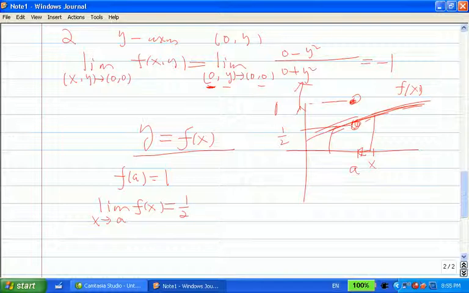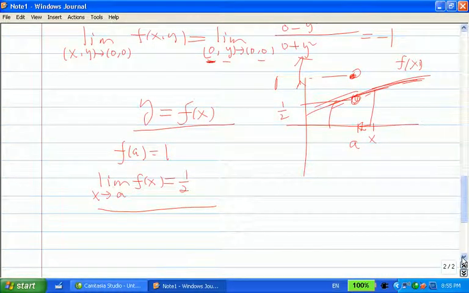The reason I give you this example is that the limit exists at a, which does not mean the function is continuous at a. Obviously it's not. So the function exists and the limit exists, but that does not mean your function is continuous at that point.